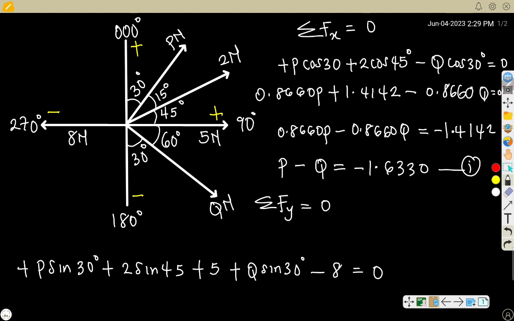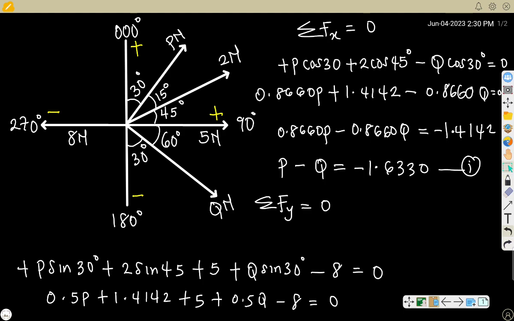Sine 30 is 0.5, so this is 0.5P plus 2 sine 45, that is 1.4142, plus 5, plus Q sine 30, that is also 0.5Q, minus 8. Everything equals 0.